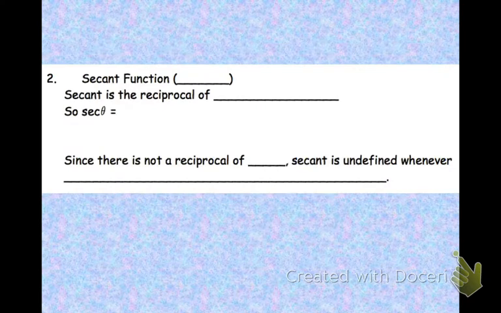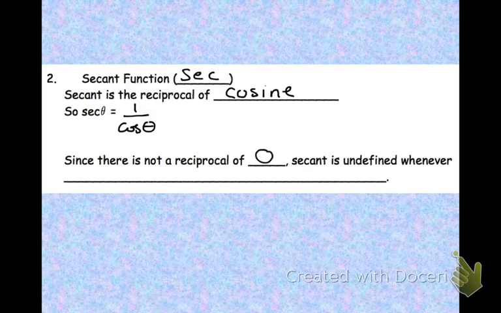Secant. Now this is another new one. Secant is represented as SEC. Secant. It's the reciprocal of cosine. So secant theta is 1 over cosine of theta. Since there is no reciprocal of 0, secant is undefined whenever cosine is equal to 0.